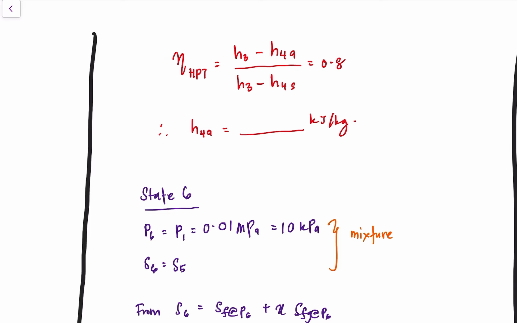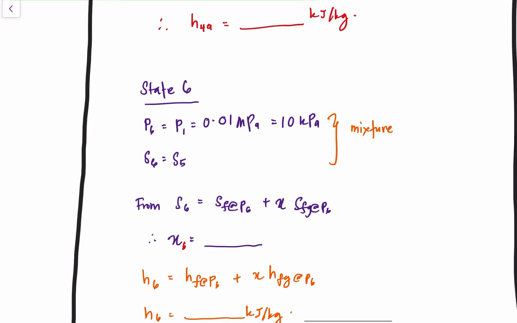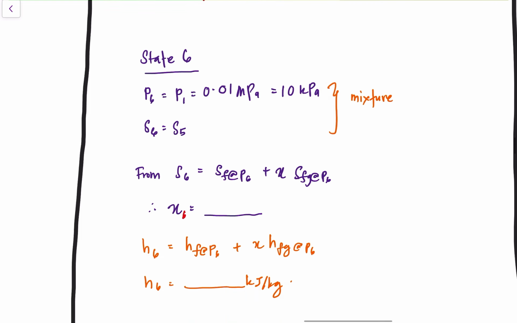So next is for state 6. We know that state 6 will have the same pressure as state 1, which is 0.010 megapascal, which is equivalent to 10 kilopascal. So at state 6, for the ideal case, we know that the entropy for state 6 will be the same as the entropy at state 5.